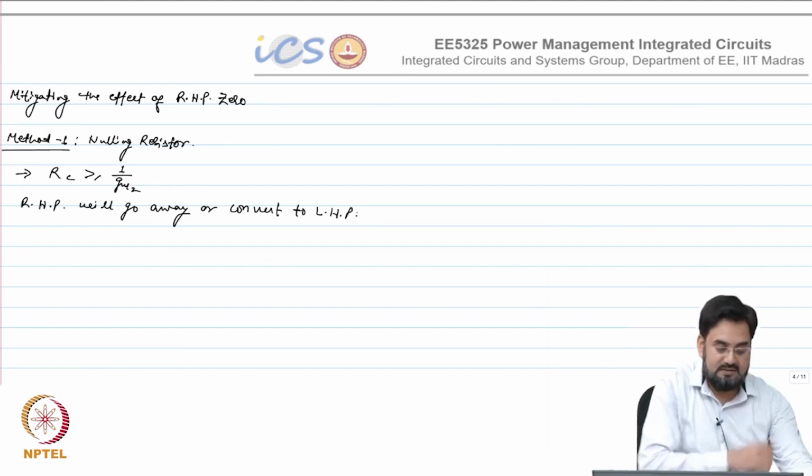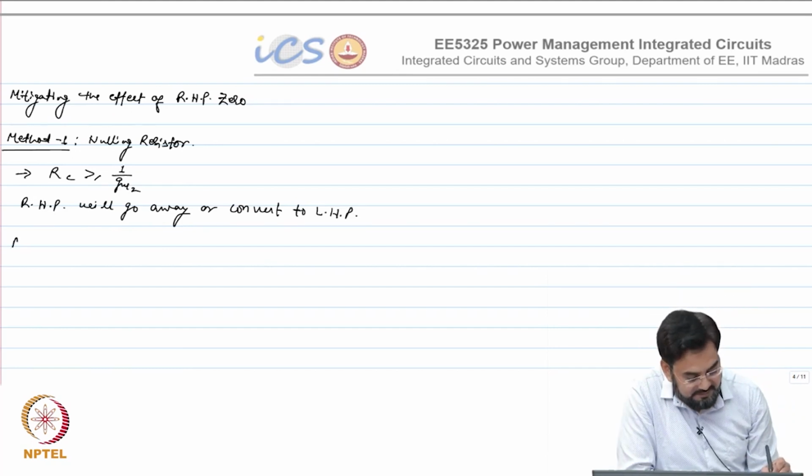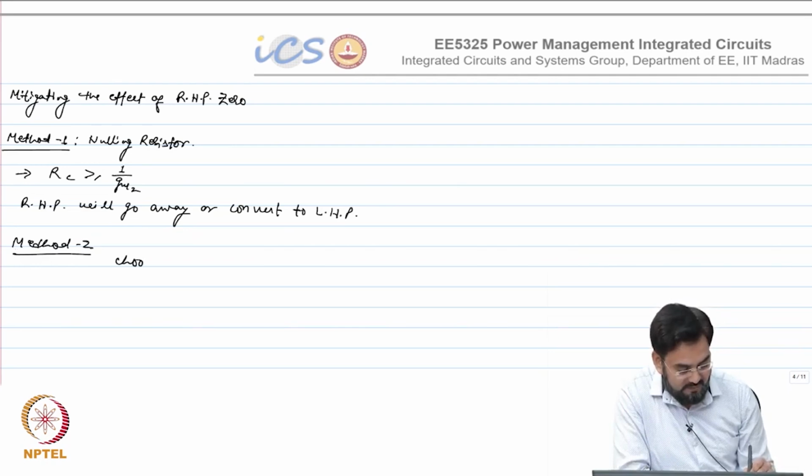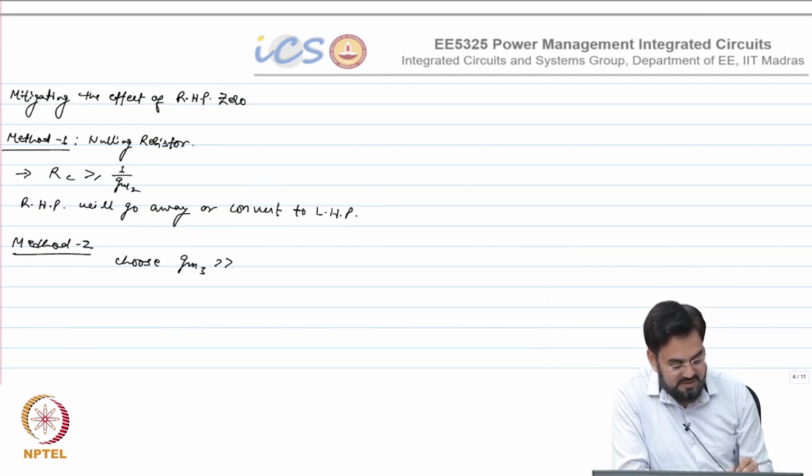Okay. Second method, choose GM3 much higher than GM2.